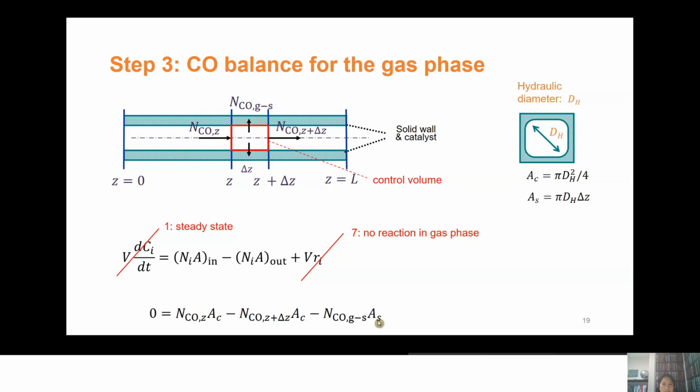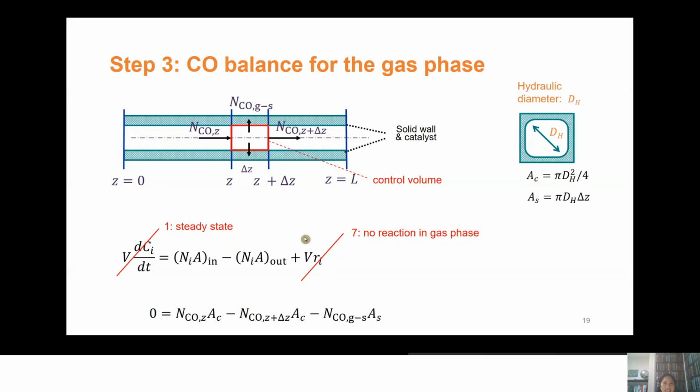We will need to multiply it by a different area, and that area is A_S because the direction of flow is different. This is in the radial direction, whereas the others are in the axial direction. So these fluxes are different: one is axial and the other is radial flux.